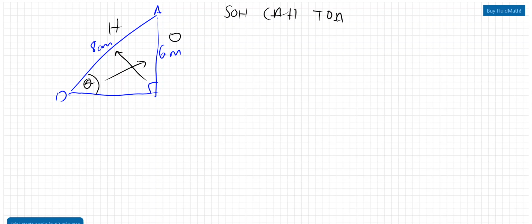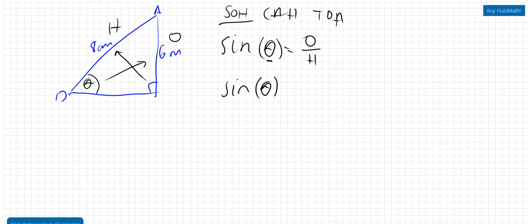We can see the one with O and H is sine. So let's write the formula. Sine of the angle is equal to opposite over hypotenuse. Now let's fill in what we have. We are trying to find this angle. So no number we put there. That's the unknown variable. For example, we can call it x.